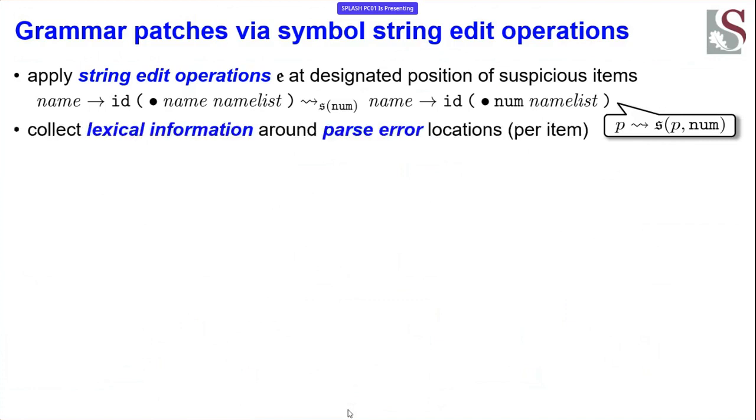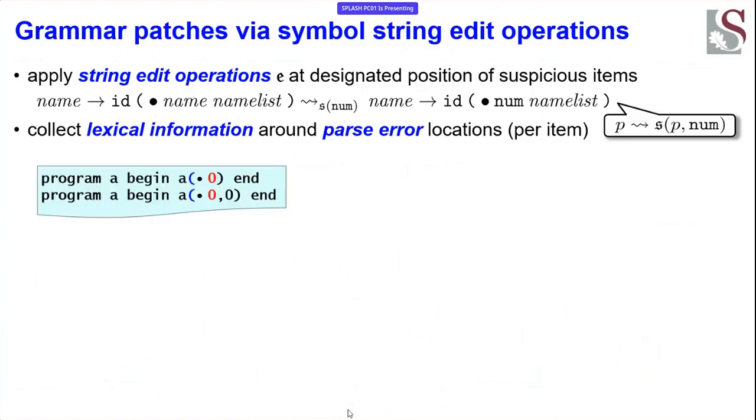In order to reduce the search space, we're going to look at lexical information around the parse error locations to see whether these patches are actually usable. So we're going to look at all failing test cases in which the underlying rule from that item has been applied, and we look at the lexical context around the error location.